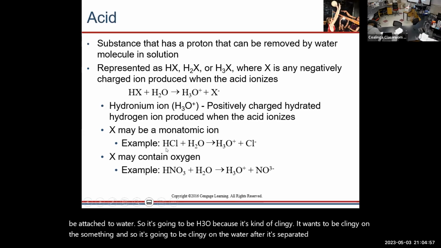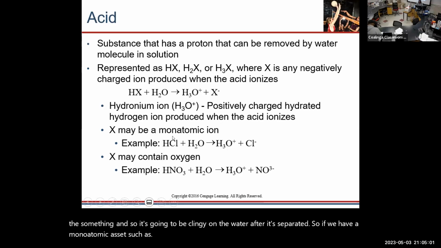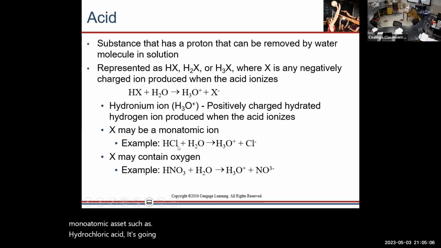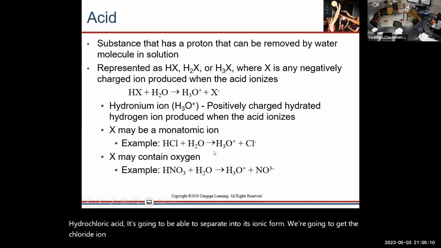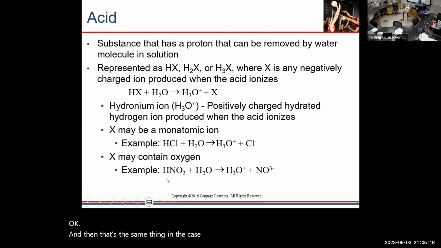So if we have a monoatomic acid such as hydrochloric acid, it's going to separate into its ionic form. We're going to get the chloride ion, and we're going to get the hydronium ion. And it's the same thing in the case of nitric acid. We're going to get nitrate and the hydronium ion.